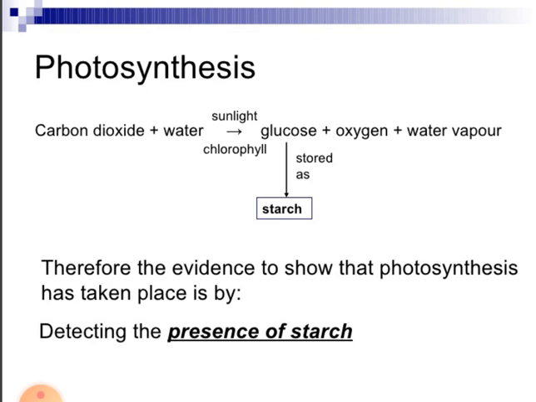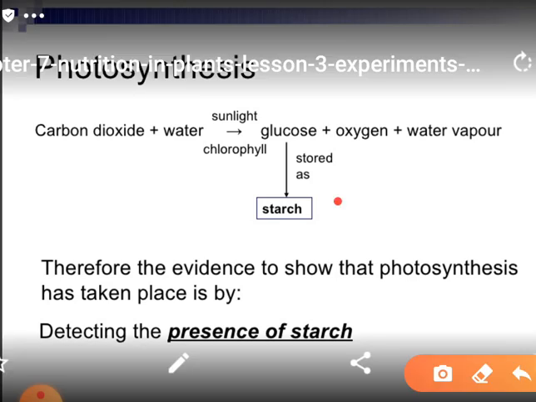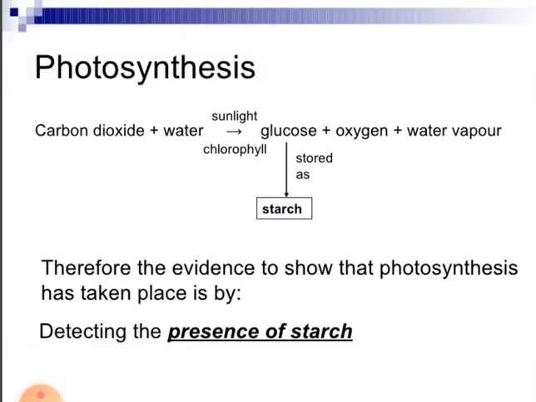Now, we would like to note that the carbohydrate or glucose that is produced is stored as starch in the plant. Therefore, the evidence to show that photosynthesis has taken place is by detecting the presence of starch.